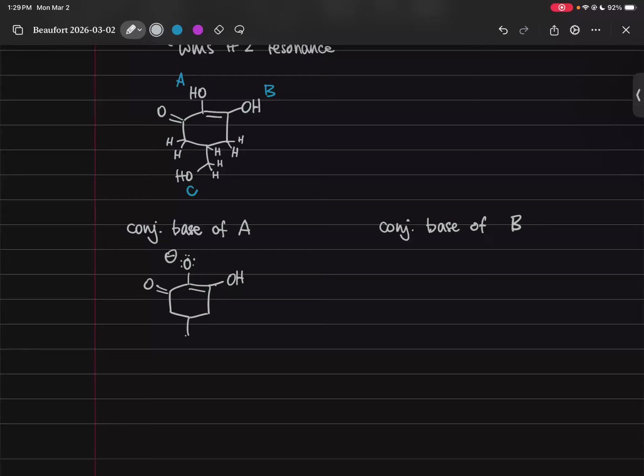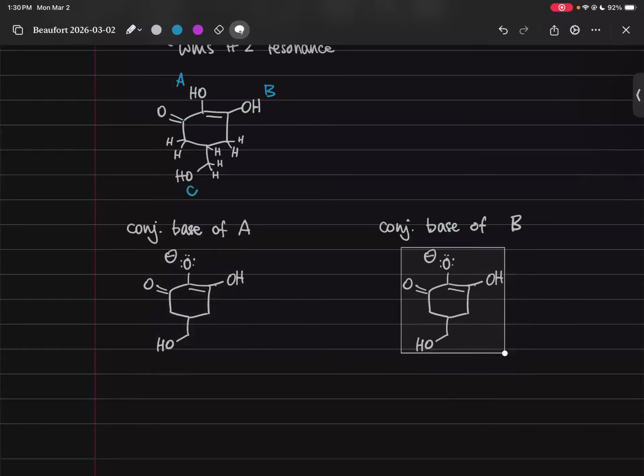Okay, and then it's kind of just arbitrary. I'm saying that I just want that at the top to be A, and I'm going to draw the molecule where just A has been deprotonated, and then the other one, I'm going to draw the molecule where just B is deprotonated. All right, so this goes away.